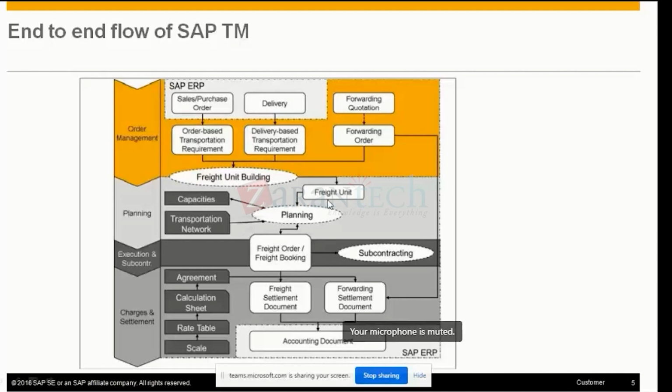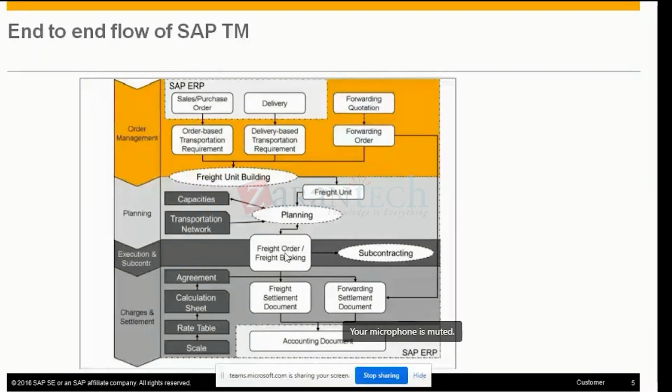The first input comes from freight unit and the second input comes from the master data, which is nothing but your resource. So resource and freight unit are your input to my planning process. And whenever you are doing the planning, the output of planning is your freight order and freight booking, which is nothing but a shipment document.